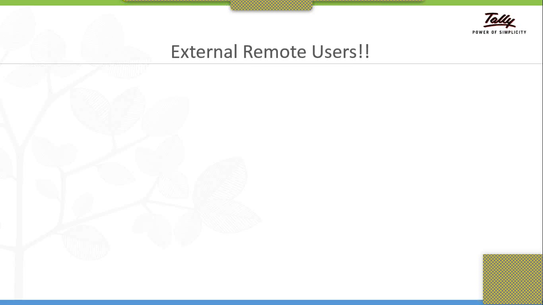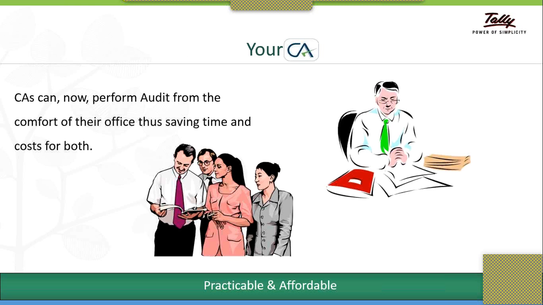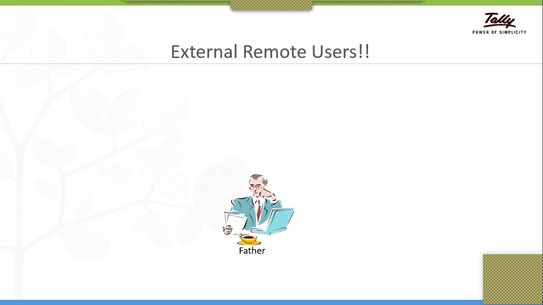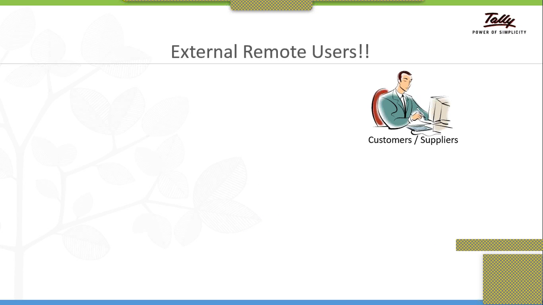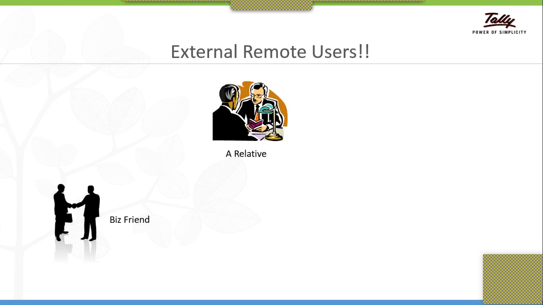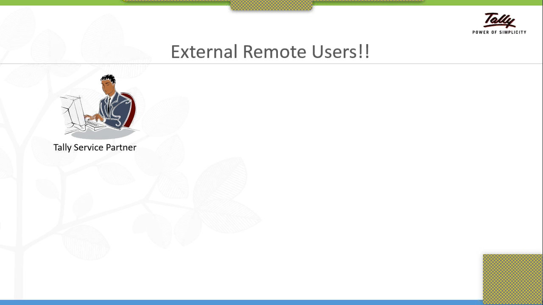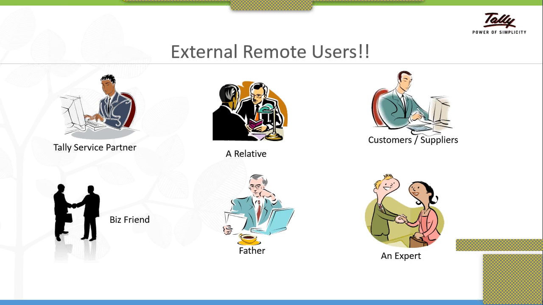And there are external remote users like a father, an expert, customers or suppliers, a relative, a business friend, or a Tally service partner. Remote access rights can be given to external remote users who fall under any of these buckets.